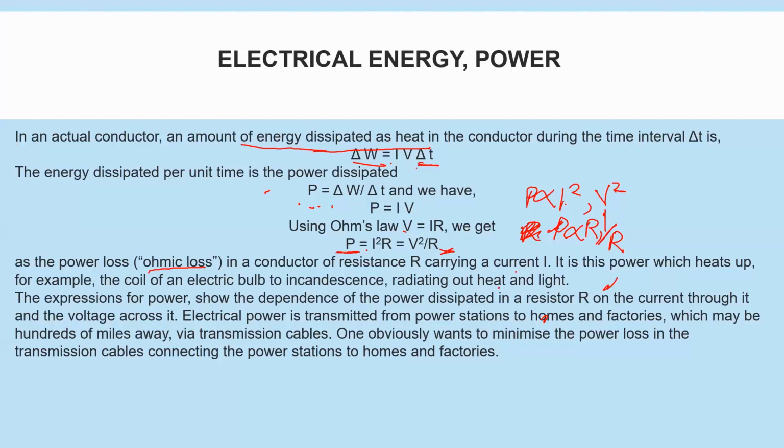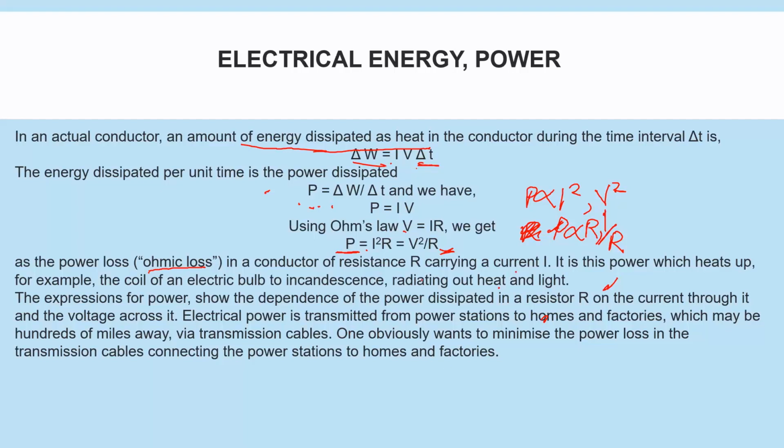Electric power is being transmitted from, say, power stations to our domestic uses, homes and factories, and obviously the transformers are situated very far away from where one uses the power that we need. That is done via transmission cables, and we want to minimize the power loss.